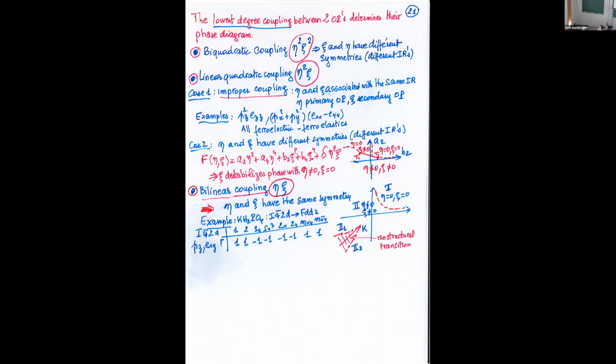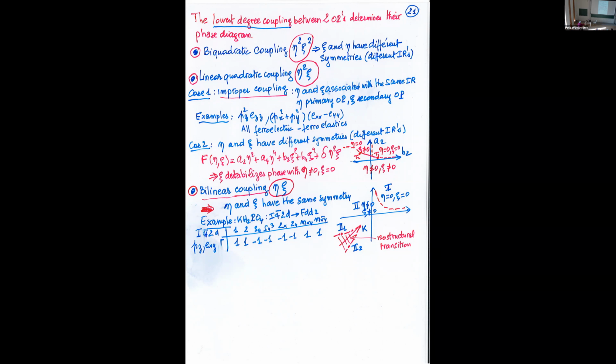So here you see what will happen. It's a very interesting case where you have one order parameter, eta square, eta 4, psi square, psi 4, and linear quadratic coupling. It will give you this phase diagram. The parent phase, psi equals 0, eta equals 0, but then you will go directly to a phase with eta different from 0, psi different from 0.